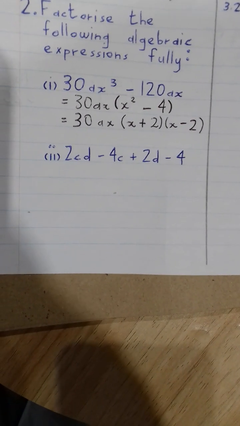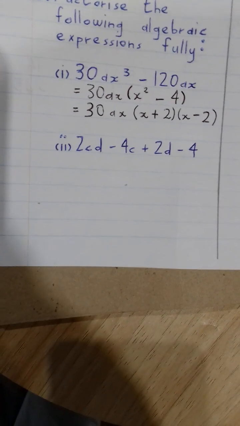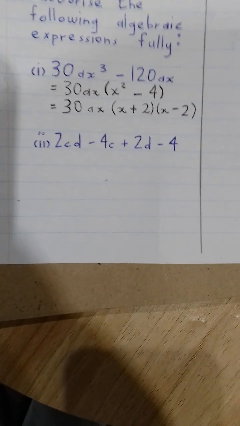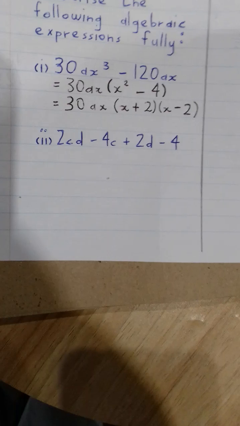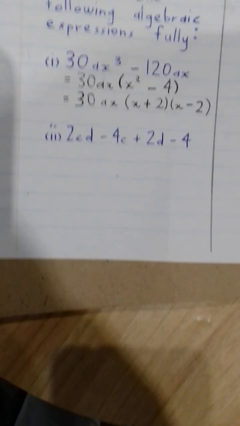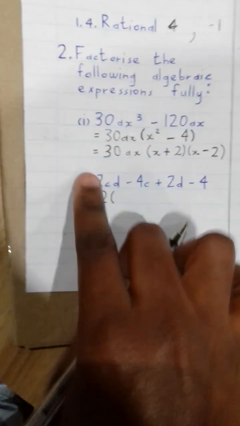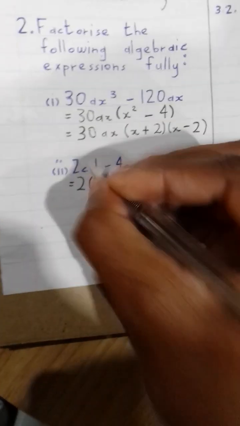Roman numeral 2, you have 2cd minus 4c plus 2d minus 4. So by inspection, we should say that the common factor of the numbers is 2. 2cd divided by 2, the 2's cancel each other out, you have cd.